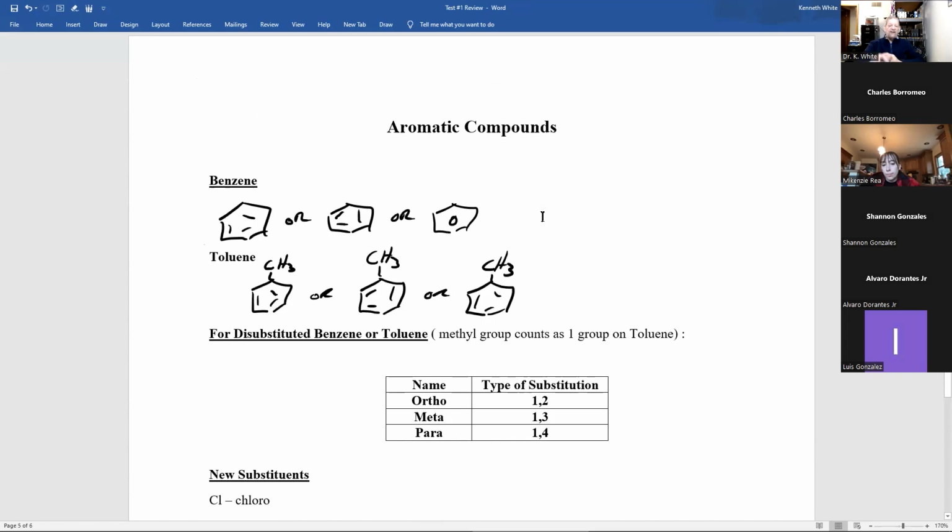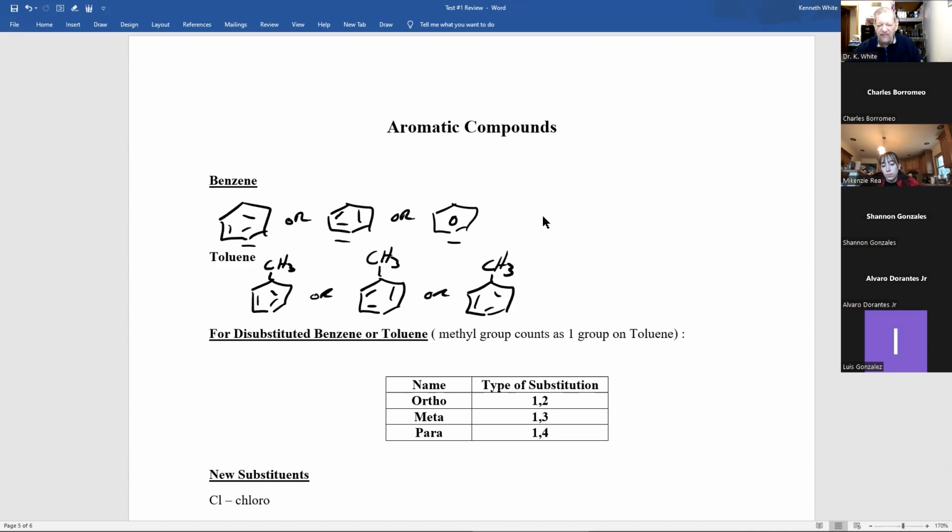Next, I started talking about aromatic compounds. And the first one I talked about was benzene. And I explained how IUPAC took the common name and made it the IUPAC name. Now, benzene, there are 3 ways of drawing it. The 2 resonance forms, which I like, the Kekulé structures, I think that's cool, or the pi cloud here with the circle.